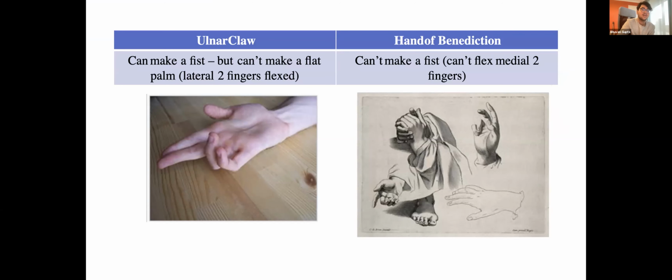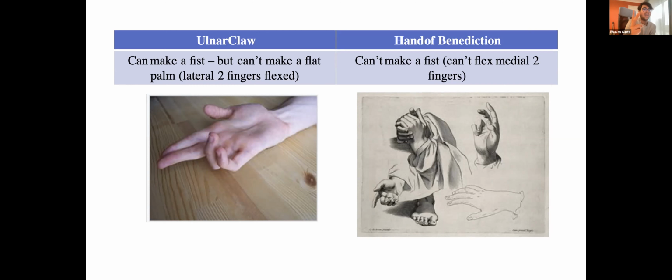The lateral half. And so our lateral two digits, they're not going to be problematic with the ulnar nerve. They're going to be problematic with our median nerve, right? So the issue there is that we can't actually make a fist. We can't flex these two fingers, right?